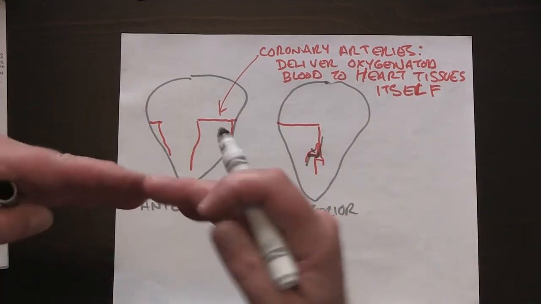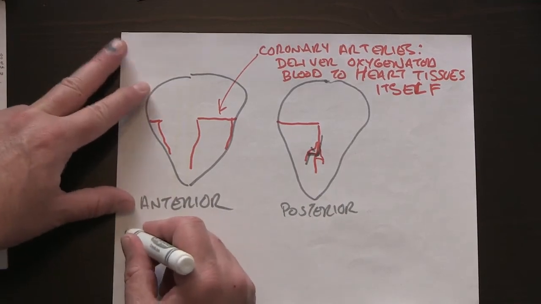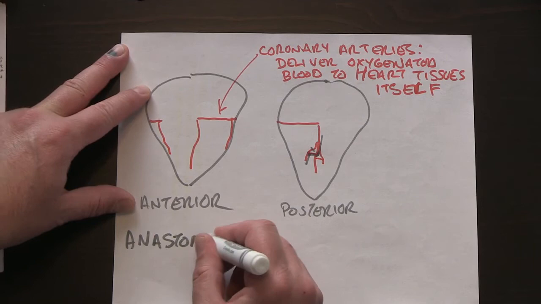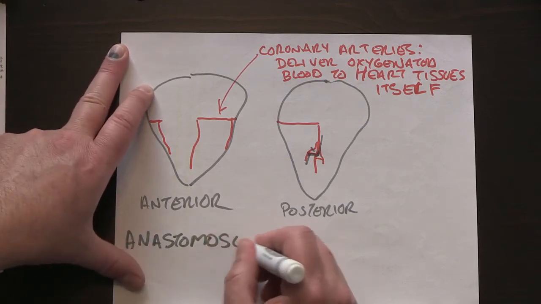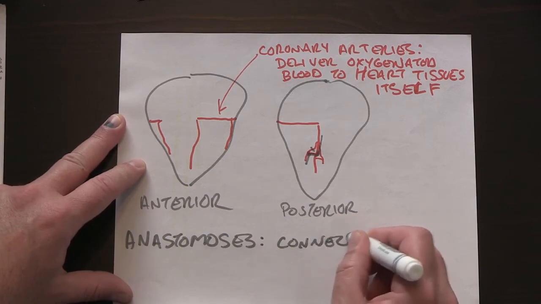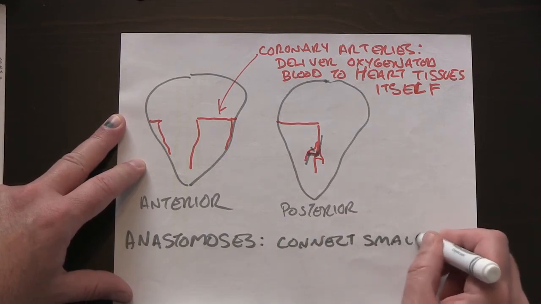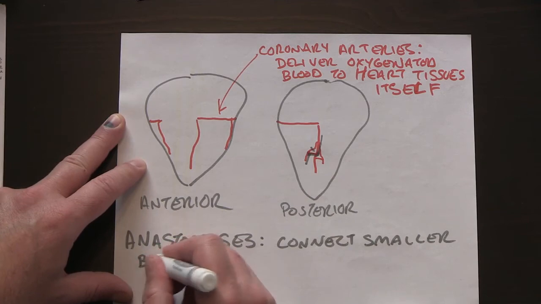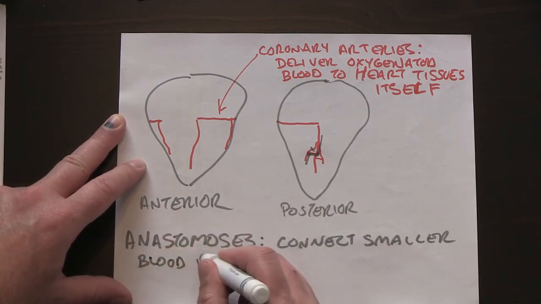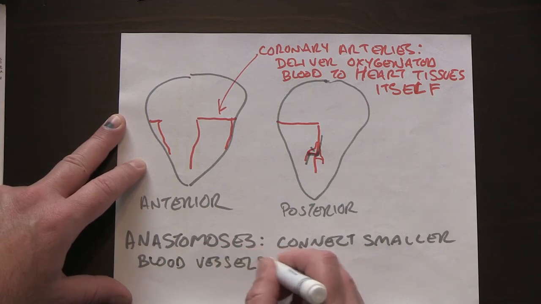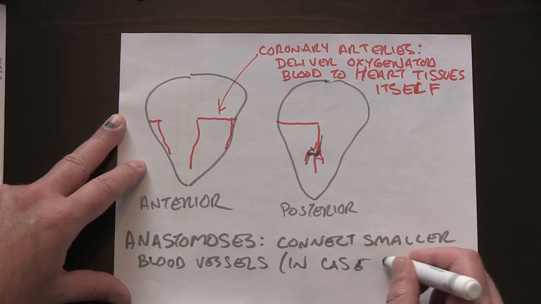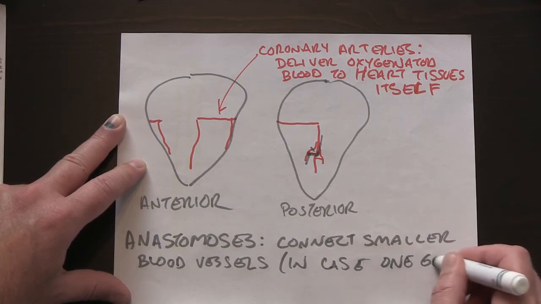So these little kind of cross or shortcuts, I guess you might call them, are called anastomoses. And these basically connect smaller blood vessels or coronary arteries. So just like in case one gets blocked, I guess.